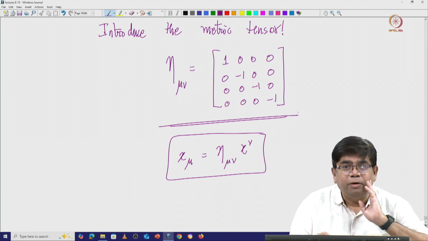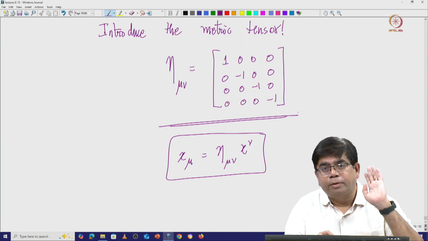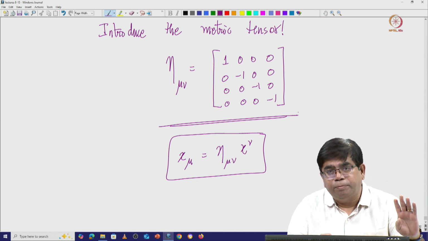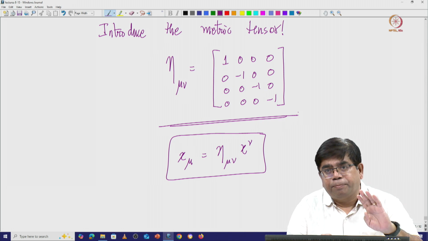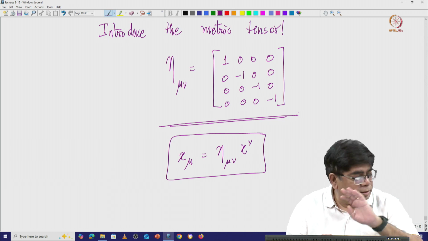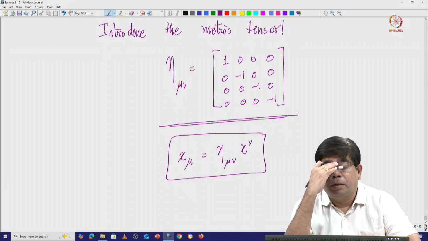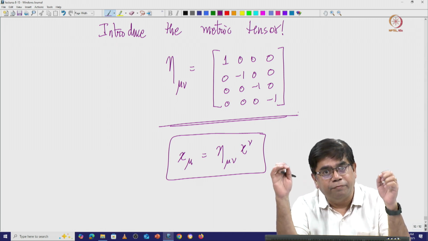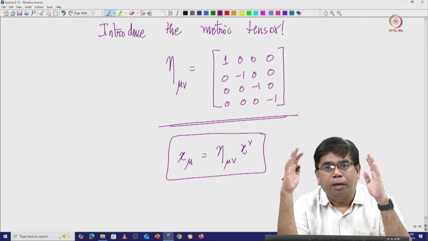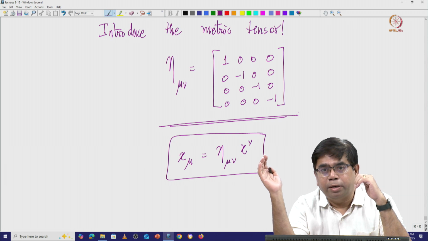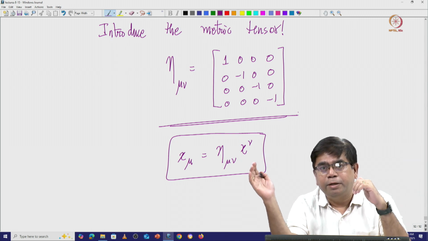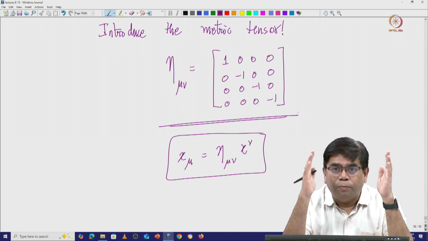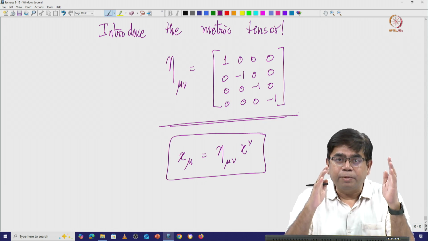Now the question is, just like rotation groups keep the length of the vector invariant, and the unitary groups keep the norm of the vector invariant, what do Lorentz transformations keep invariant?